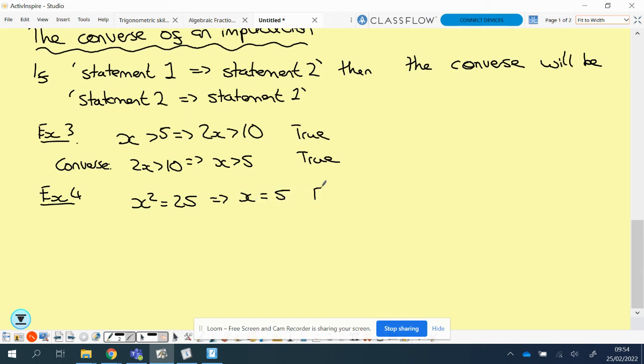We know that's false, because x could be negative 5. However, the converse, if x equals 5, then x squared equals 25, is true. If I knew that x was 5 to start off with, I could say that therefore x squared was 25. So sometimes your converses might make something true as well. It just means it's a one-way implication, not a both-way implication.